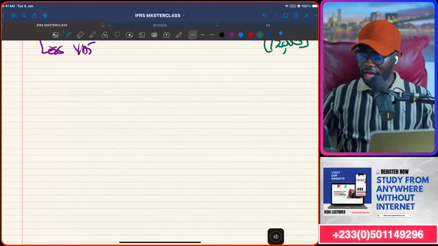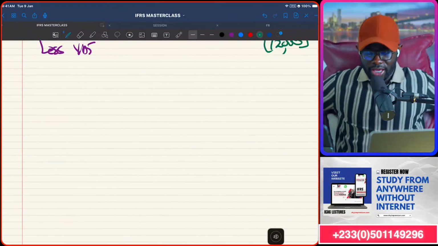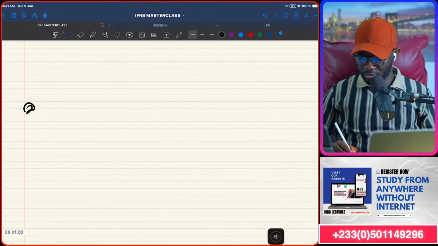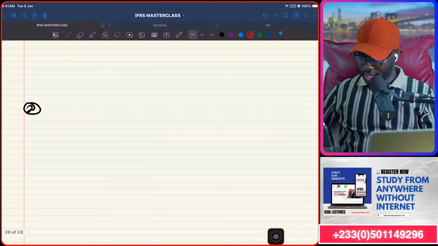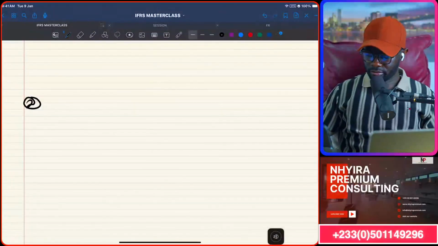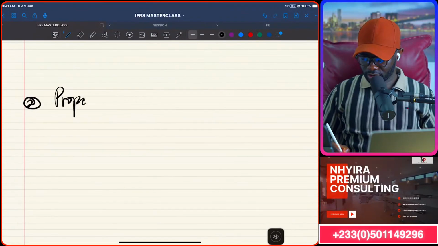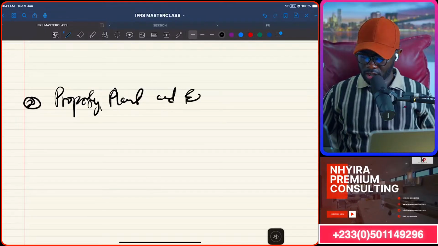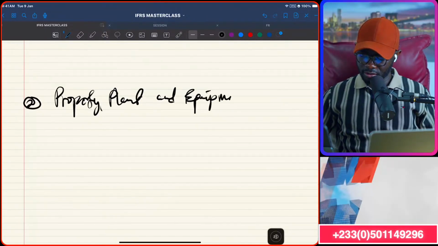So quickly, I want to go into workings 2. You want to make sure you're leaving reasonable space. And we're going to have the property, plant, and equipment.